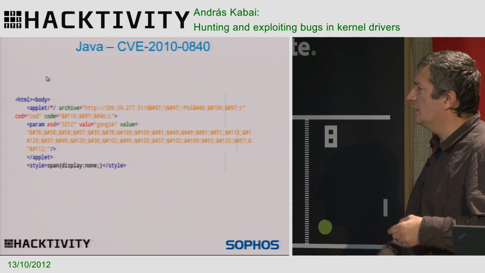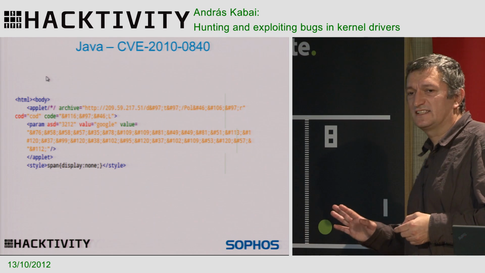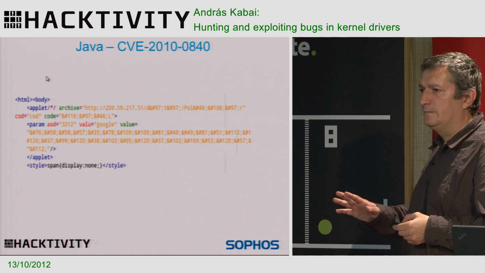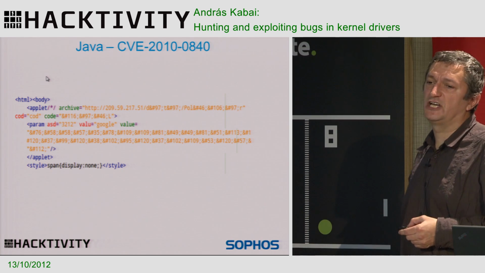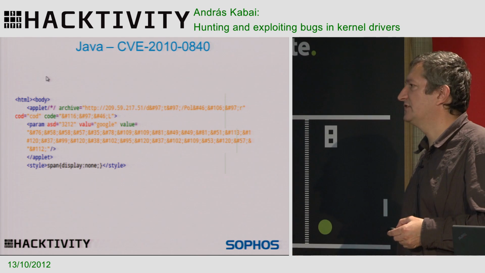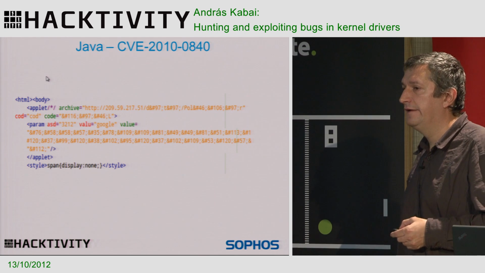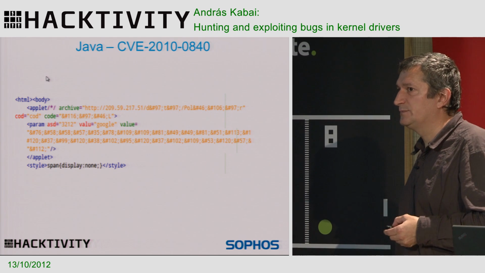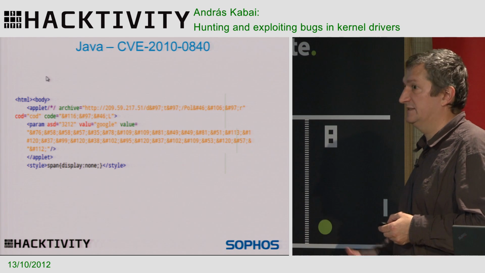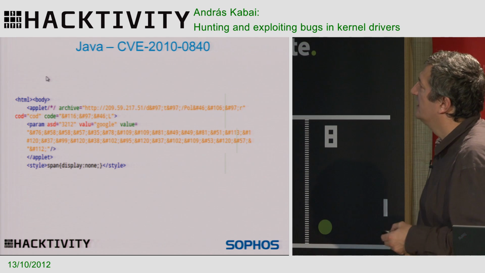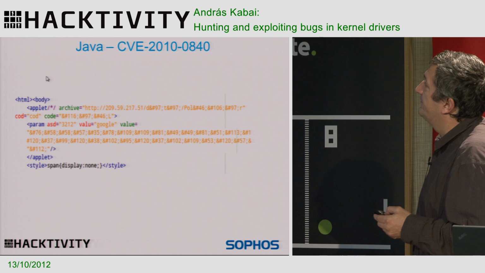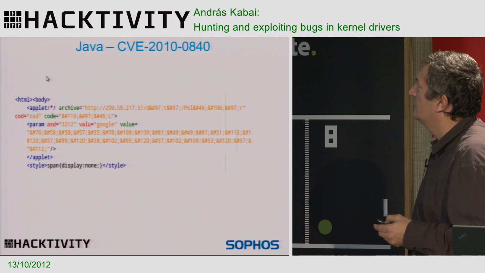The Blackhole exploit kit makes use of plenty of Java vulnerabilities and the Java files distributed there. In fact, it is the most popular attack used by this exploit kit. In this case, there is an applet archive.